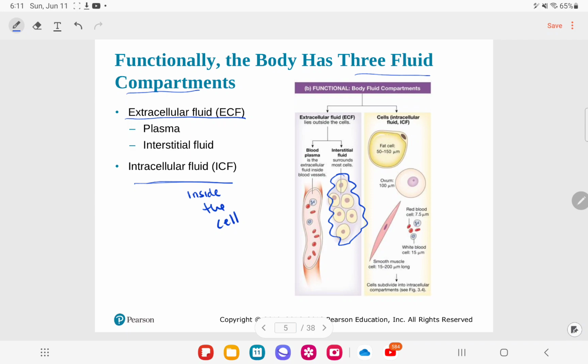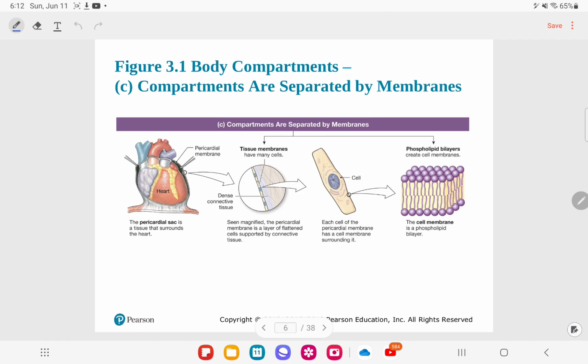And then we have plasma, the extracellular fluid that lies within your blood vessels. So intracellular fluid is the fluid within the cell, and extracellular fluid lies outside the cell. There are 2 types of ECF: interstitial fluid, which surrounds most of the cells, and plasma, which is the extracellular fluid inside the blood vessels.